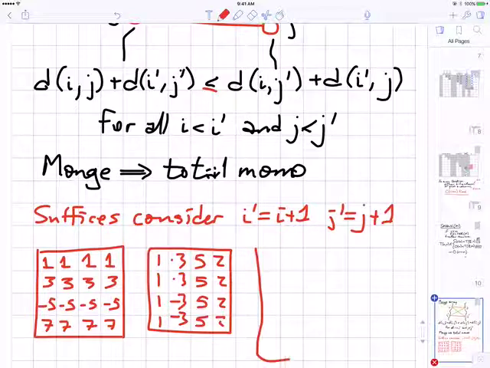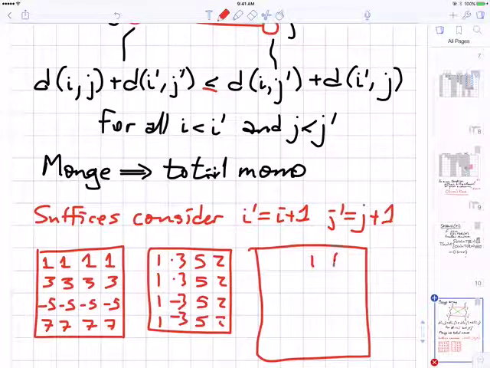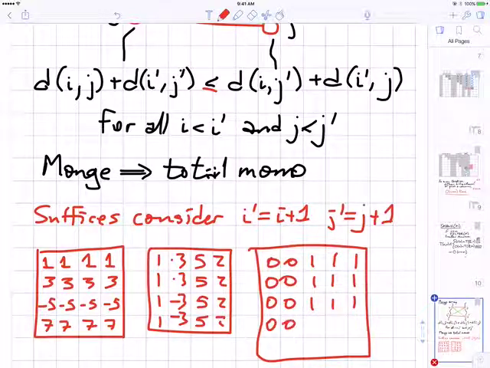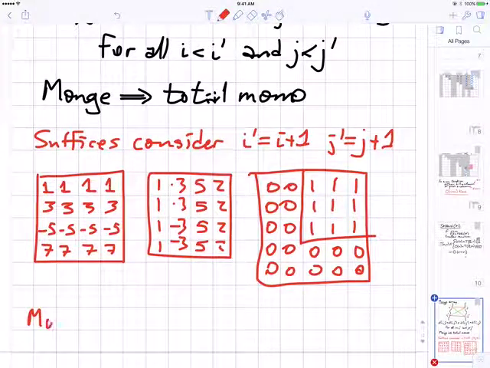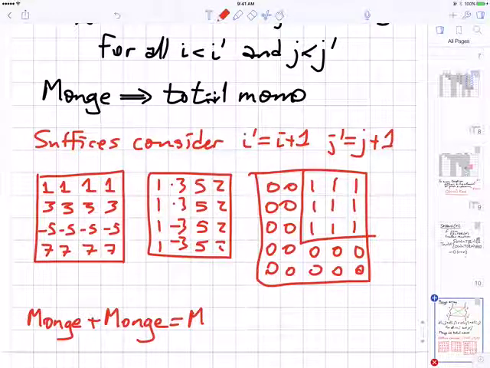And the last weird case is that if the entire matrix is 0 except for some upper right quadrant that's equal to 1, that matrix is Monge. Or similarly, if a lower left quadrant is equal to 1. And then finally, Monge plus Monge equals Monge. If I have two Monge arrays and I sum them together, I get another Monge array.